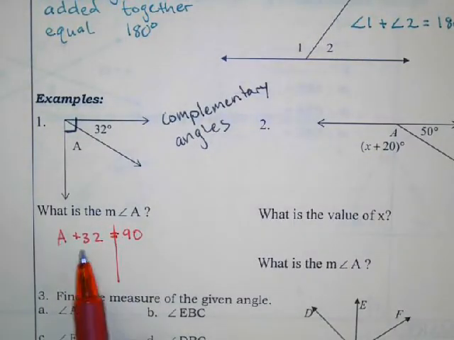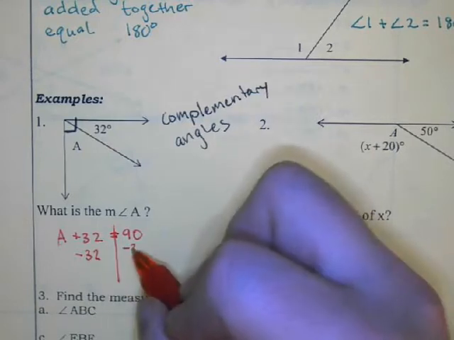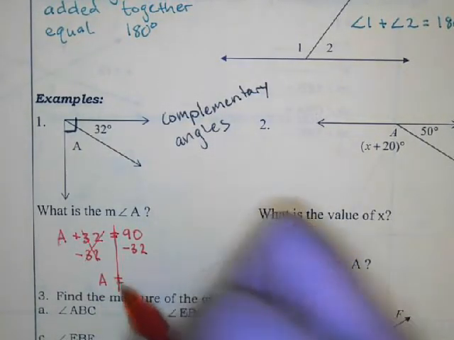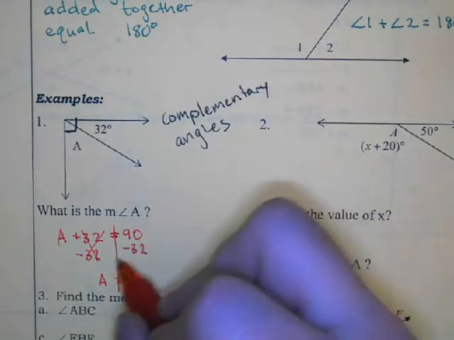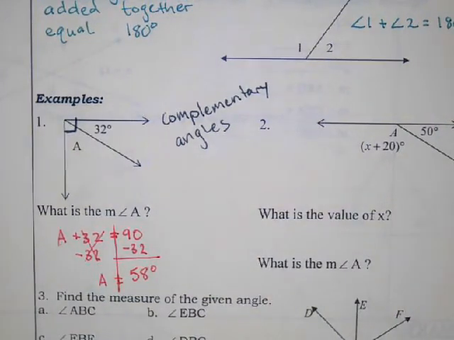And then since I have a positive constant, I'll use subtraction to get rid of it. Those cancel and we have A is equal to 90 minus 32 is 58 degrees, because we found the actual measure of the angle. So we'll set up our equations and we'll solve them.